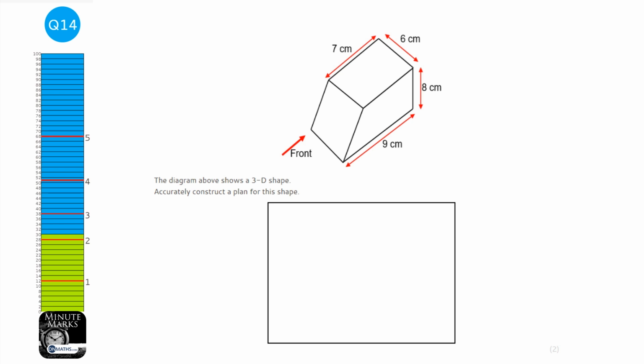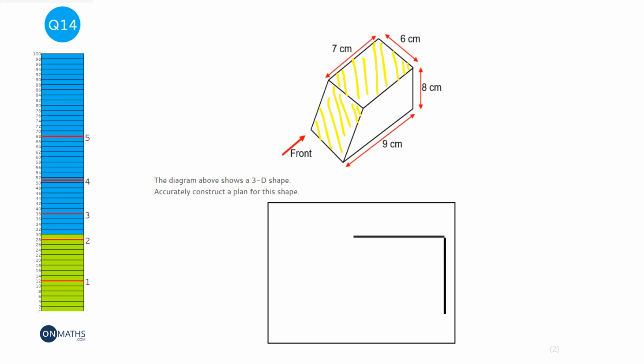So what of this shape are we going to see from the top? Well, we're definitely going to see this one. But we'll also see this one as well. Now we've got to work out what the sizes of them are going to be. Well, the top one's easy, it's just 7 centimeters by 6 centimeters. Now I'm not going to be able to draw this accurately because I don't have a ruler, but we can almost get it right.